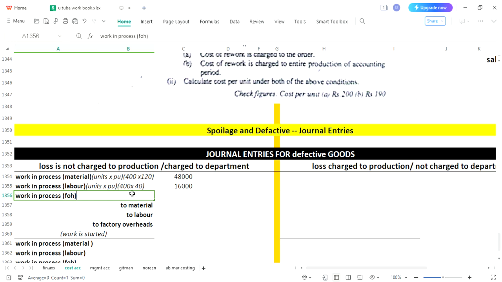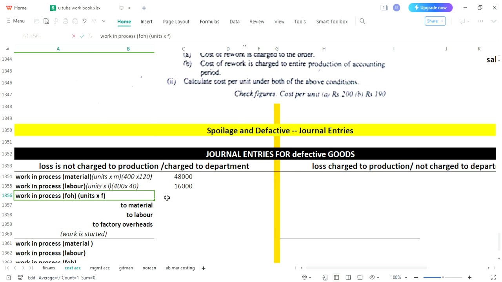Now for work in process FOH, number of units would be multiplied with per unit, or instead of per unit, why don't we write the exact words we have used in previous chapters: per unit cost of material, then per unit cost of labor. In similar way, we will use per unit cost of FOH.